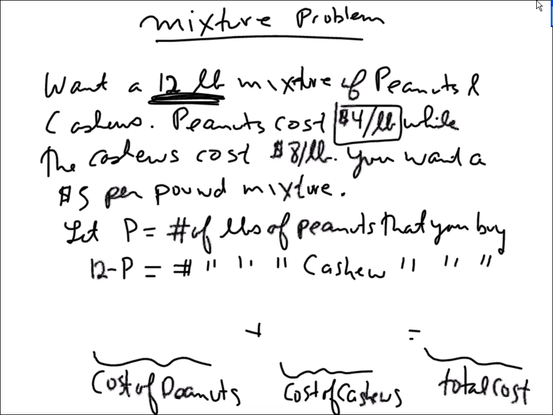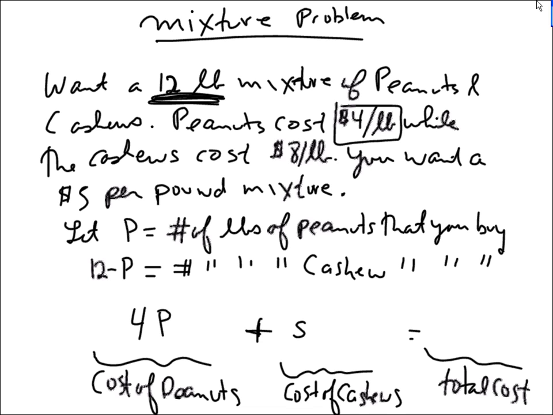Well, the cost of the peanuts: you are buying P pounds of peanuts, and you multiply that by 4 to find the cost. If P was 7, how much do the peanuts cost? If you're buying 7 pounds of peanuts, it's 4 times 7, $28. If you're buying 11 pounds of peanuts, it's 4 times 11. It's going to be 4 times the number of pounds. It's the price times the number of pounds.